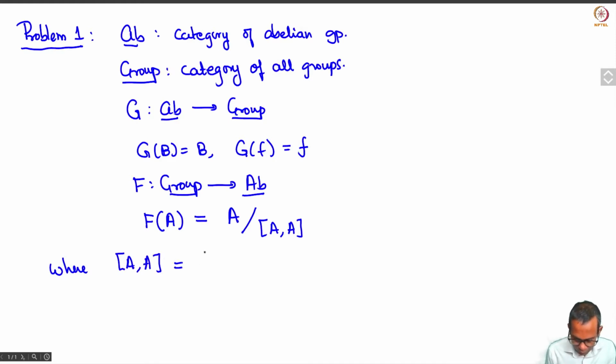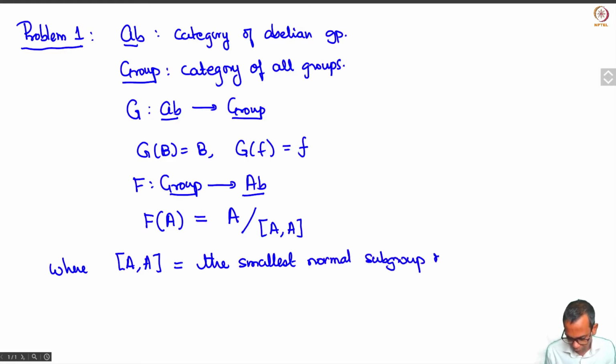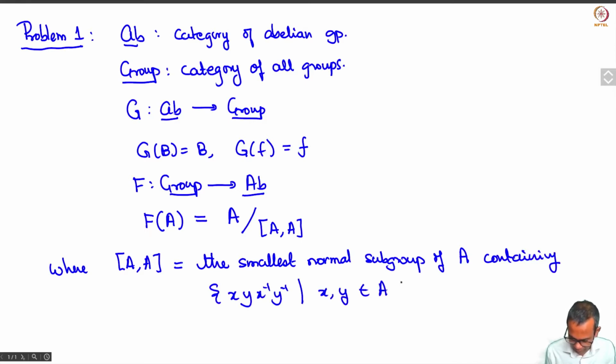It is the smallest normal subgroup of A containing the set of all commutators, i.e. the set of elements x y x inverse y inverse, where x and y are in A. This thing is usually called the abelianization of A.